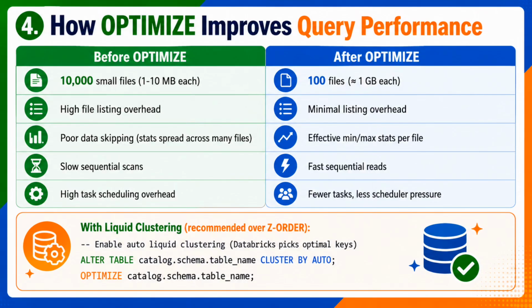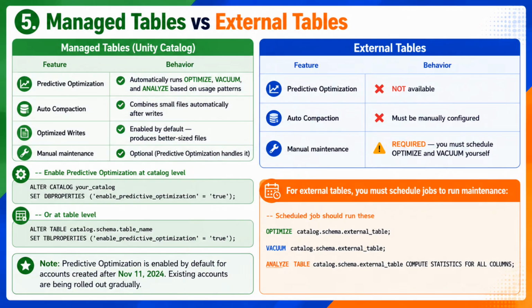Now let's compare managed tables versus external tables in Databricks Unity Catalog and understand how maintenance differs between the two. Starting with managed tables. Managed tables provide several automated optimization capabilities. First, predictive optimization can automatically run Optimize, Vacuum, and Analyze based on actual usage patterns.